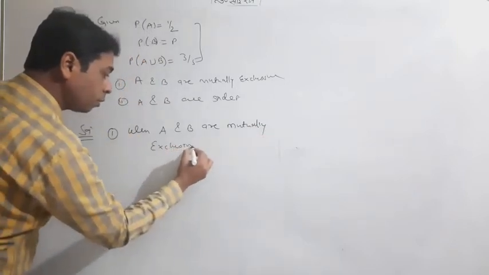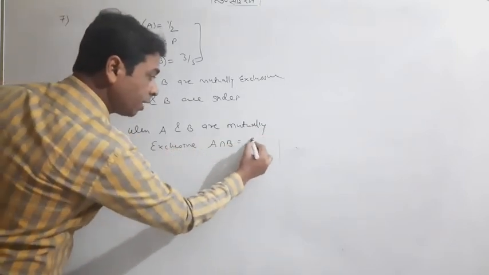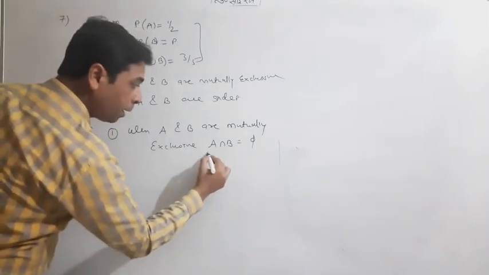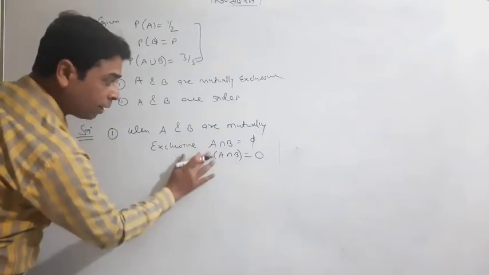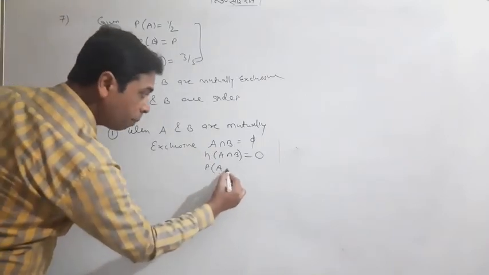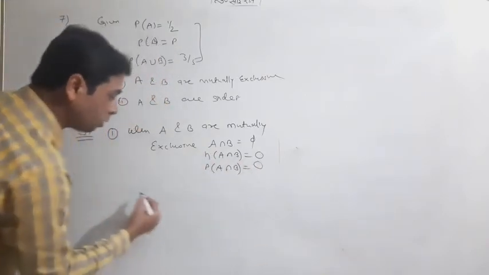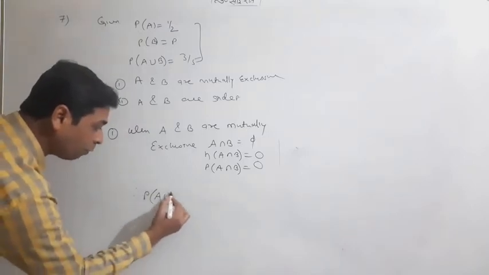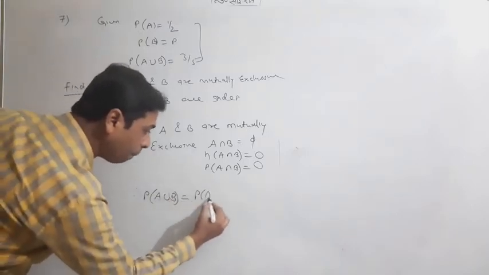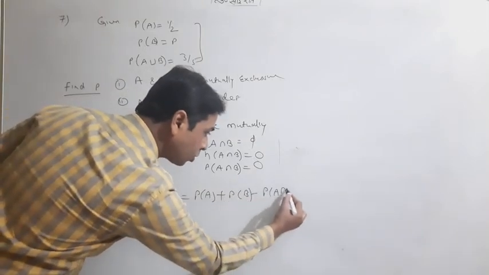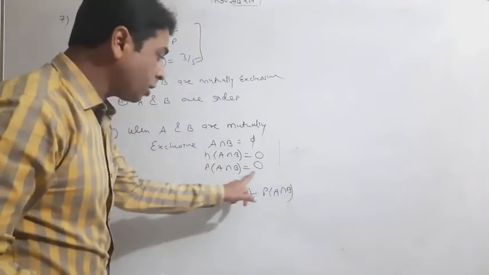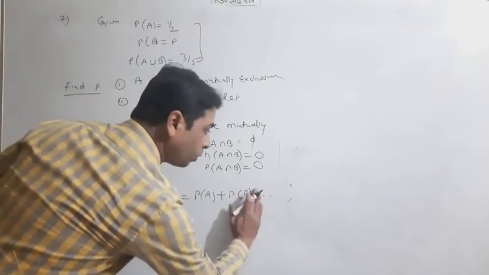When A and B are mutually exclusive events, A intersection B is equal to phi, or P of A intersection B is equal to 0, meaning n of A intersection B is 0, so P of A intersection B also will be 0. P of A union B, as you know from the formula, is P of A plus P of B minus P of A intersection B. Since A intersection B is 0, that term will not be written.